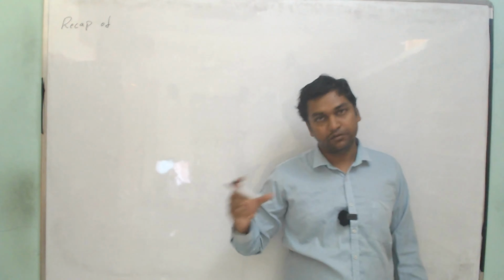After this, what we discussed was the system always goes from high potential energy to low potential energy. That means the potential energy of P is greater than potential energy at Q of the system.